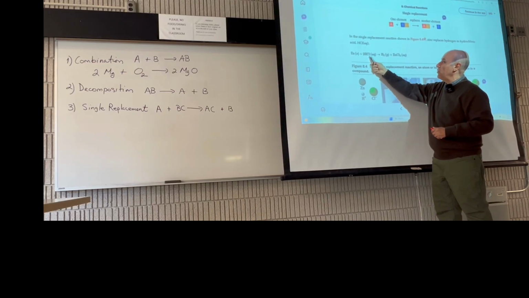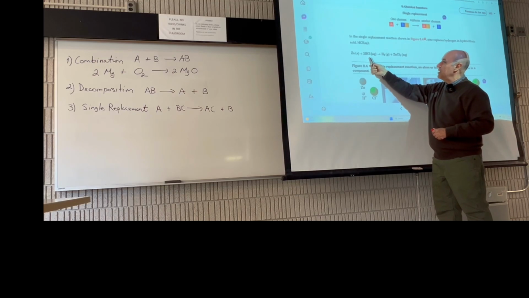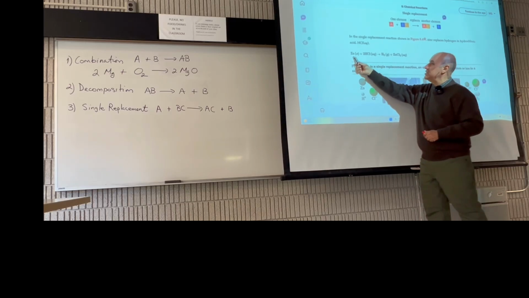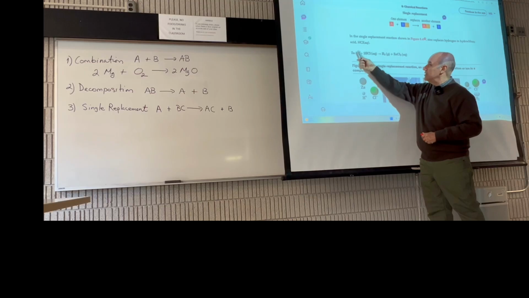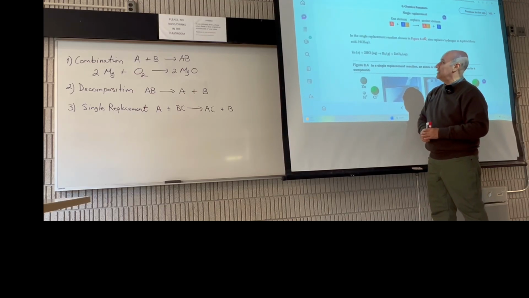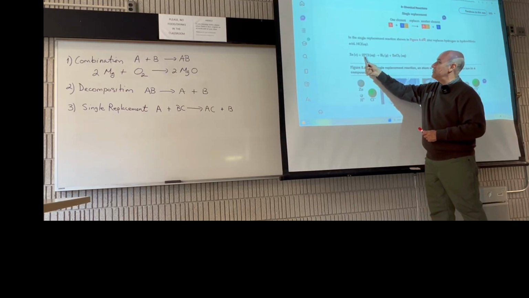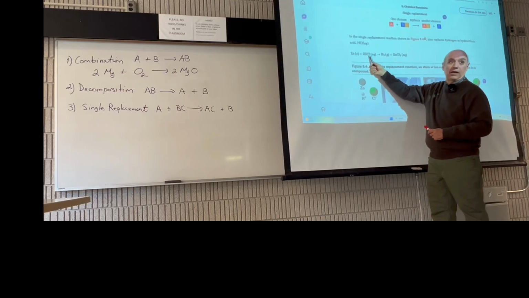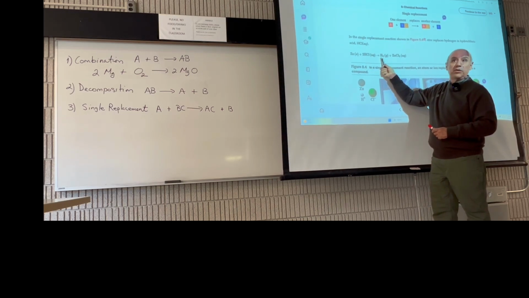So hydrogen and chlorine have a partnership. We call that hydrochloric acid. However, that partnership is not very good, and when zinc, a metal, comes into this chemical reaction, it kicks out hydrogen. It basically says, move away, I want to partner with chlorine, and now you are on your own.